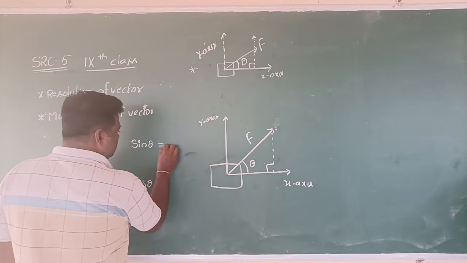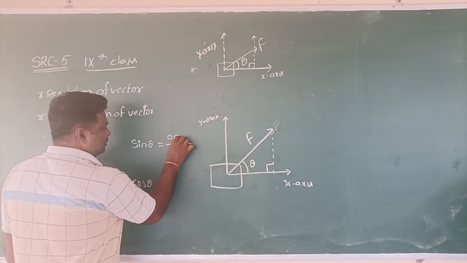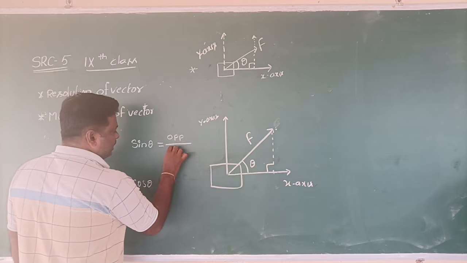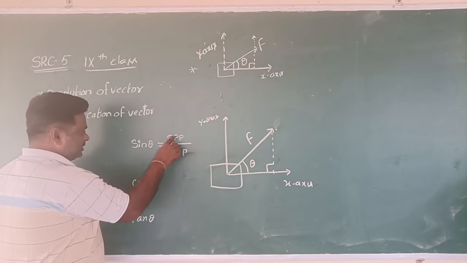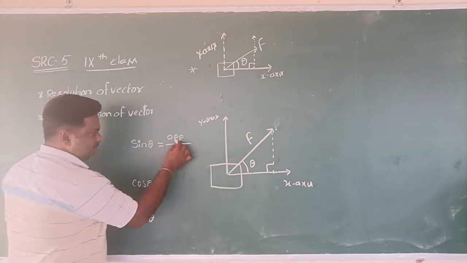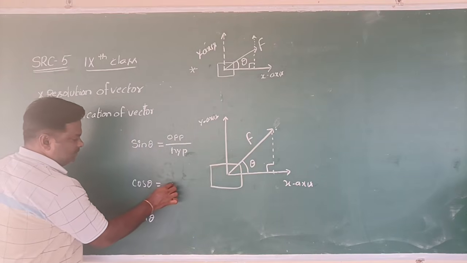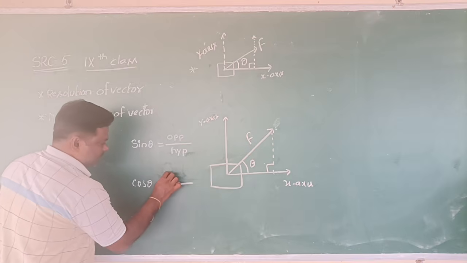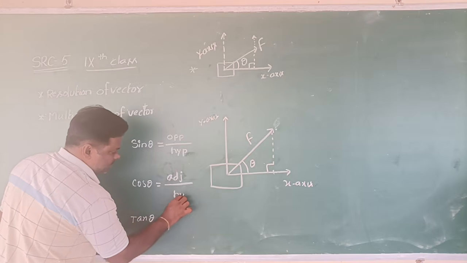Sine theta gives you information regarding the opposite side to the hypotenuse, how many times one is of the other. Opposite side is equal to hypotenuse times sine theta. So what is the opposite side here? It is this one. Cos theta gives you information regarding the ratio of the adjacent side to the hypotenuse.